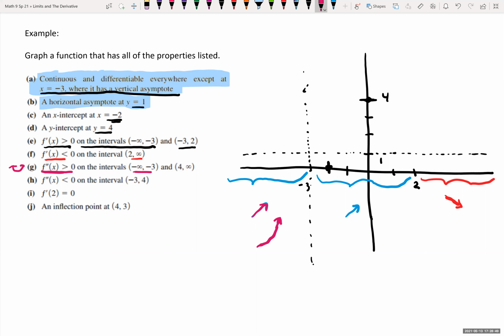That was from -infinity to -3, and 4 to infinity. Notice that from 4 to infinity, it's a decreasing function. I know it's concave up, but it's decreasing, so it's going to have this type of shape in here.